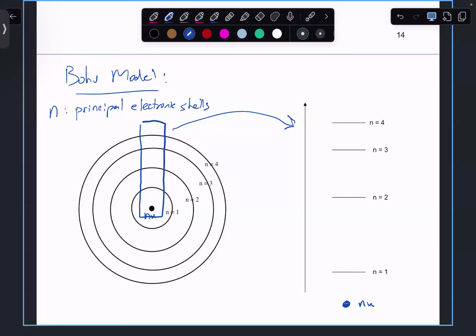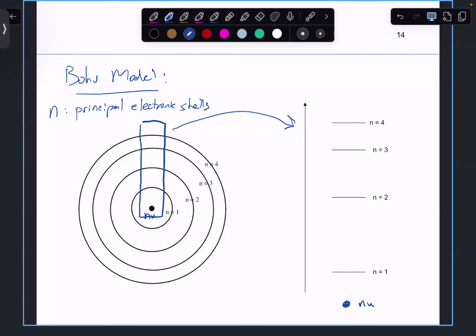Now, what's important to note here is that as the n number increases, going from n equals 1 to 2 to 3 to 4, we're getting farther and farther away from the nucleus. So those electrons that are higher in number are further from the nucleus and thus less tightly held.